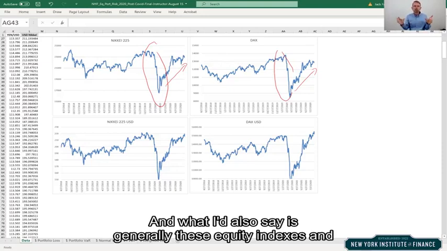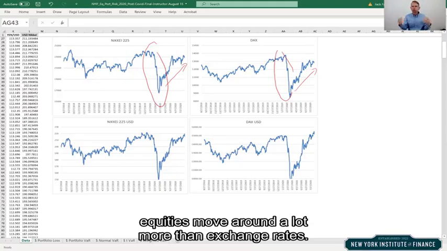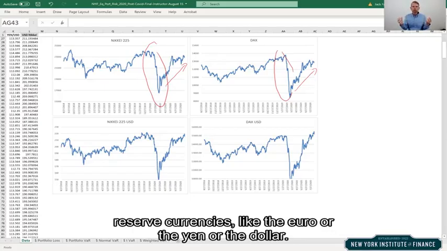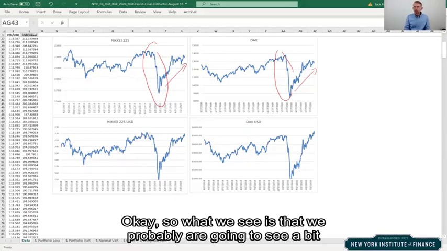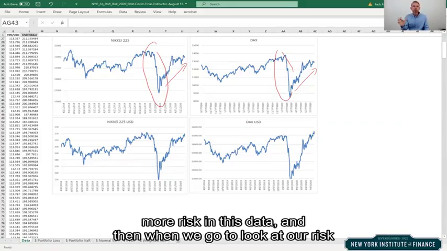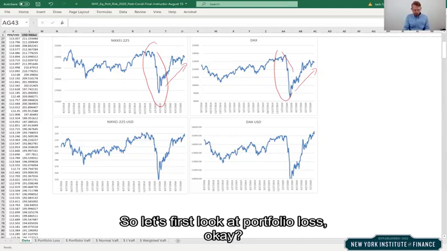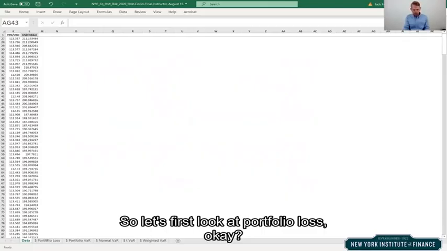And what I'd also say is generally these equity indexes and equities move around a lot more than exchange rates. Exchange rates are generally very stable, especially for reserve currencies like the euro, the yen or the dollar. Okay, so what we see is that we probably are going to see a bit more risk in this data. And then when we go to look at our risk measures, that will be reflected in those risk measures. So let's first look at portfolio loss.